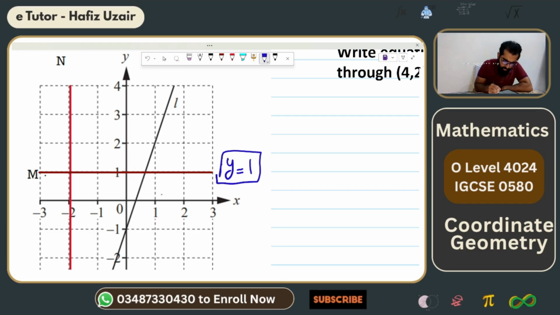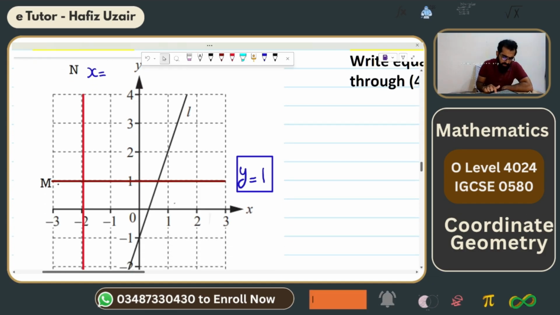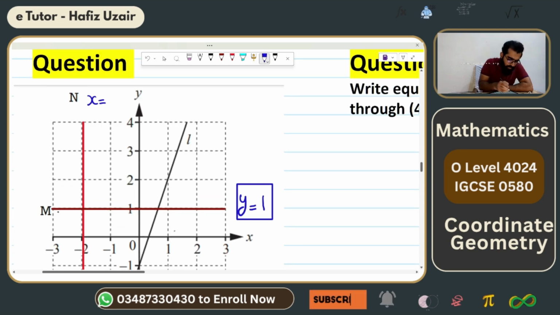All right, now let's discuss the equation of this line n. This line n is a vertical line, and the equation of a vertical line starts with x: x equals a. And what is the value of a over here? a is the x-intercept, and that is minus 2. So you can simply write x equals minus 2.